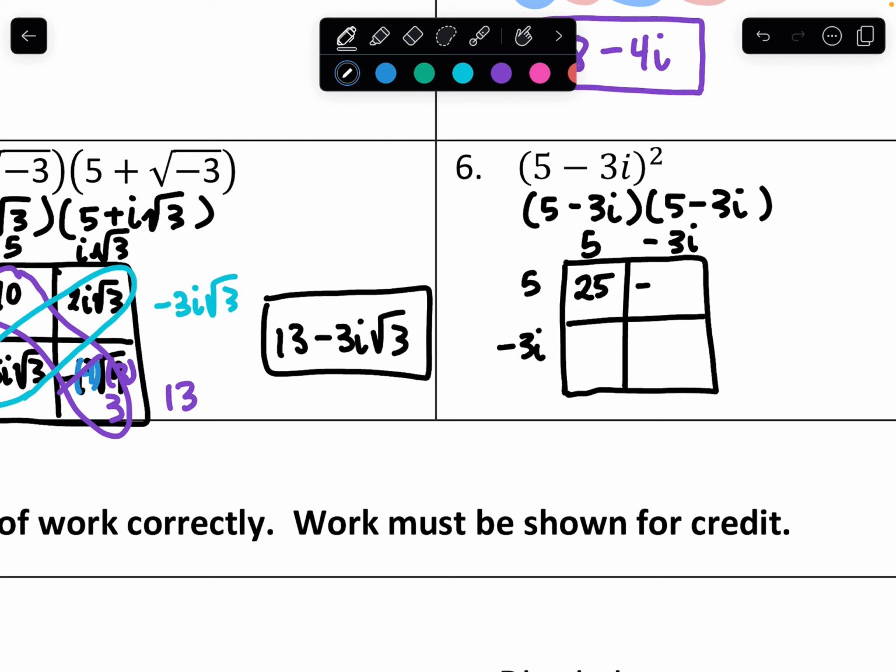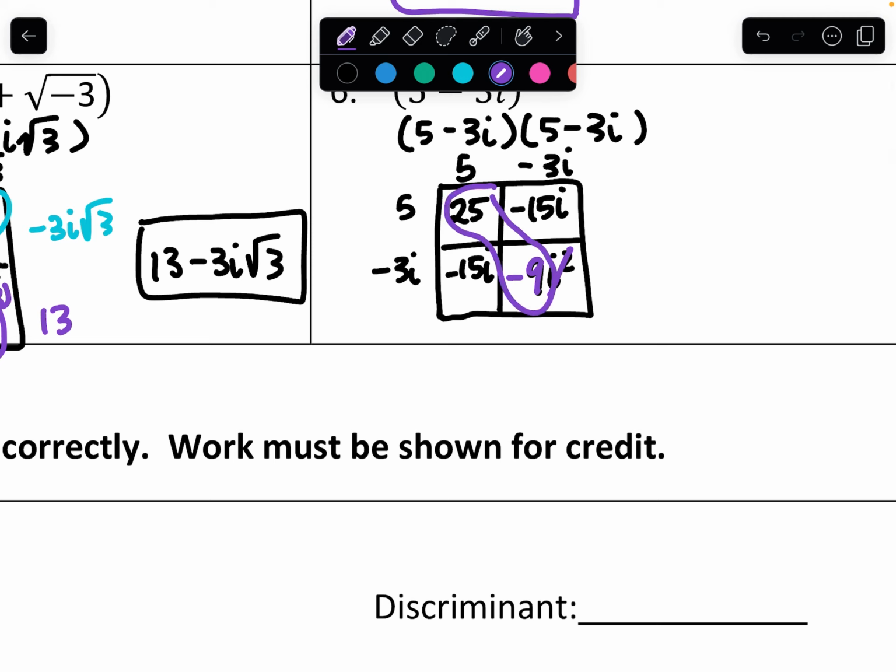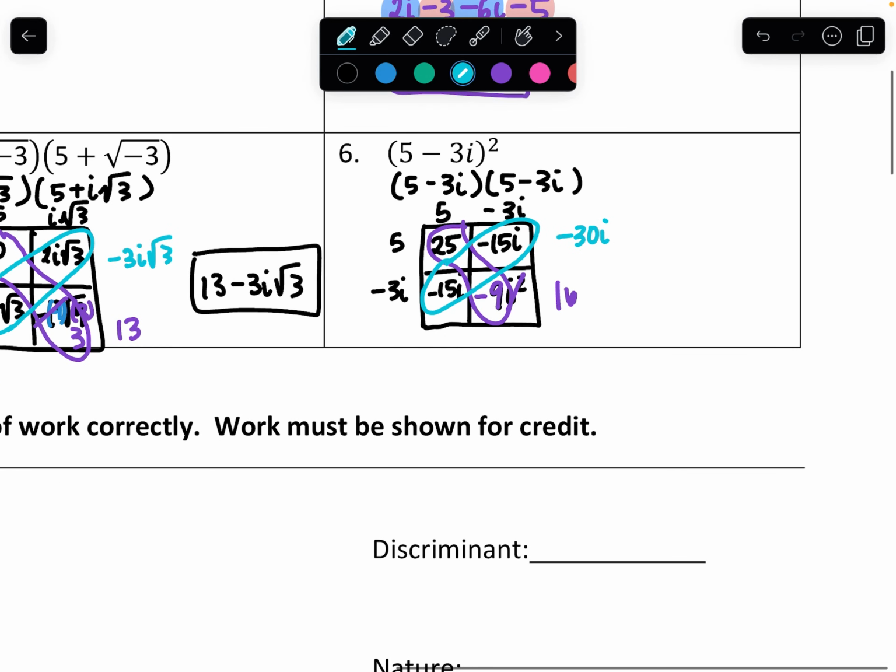We get 25 minus 15i minus 15i, and then 9i squared. i squared is the same as -1, so we end up with a -9. 25 minus 9 is 16. -15 and -15 is -30i. And so our final answer here would be 16 minus 30i.